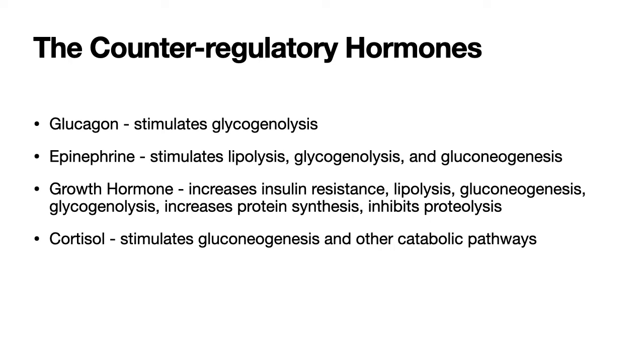This prevents the action of insulin so that glucose remains in the blood and is spared for the brain, so that glucose in the blood will stop from going down because you have lower activity of insulin.